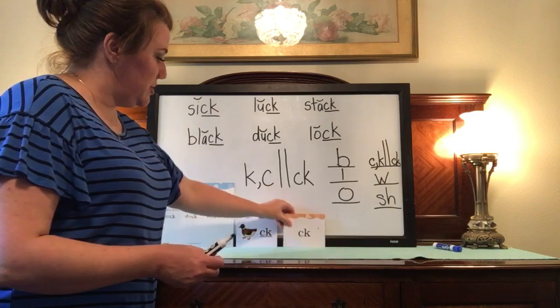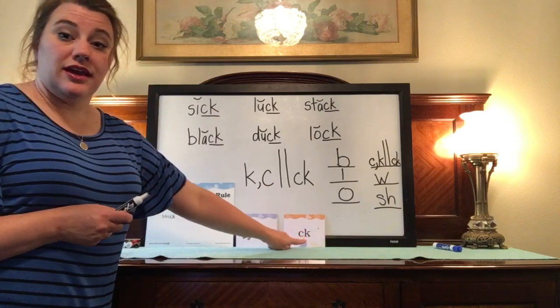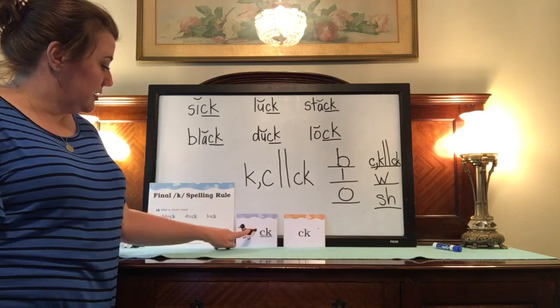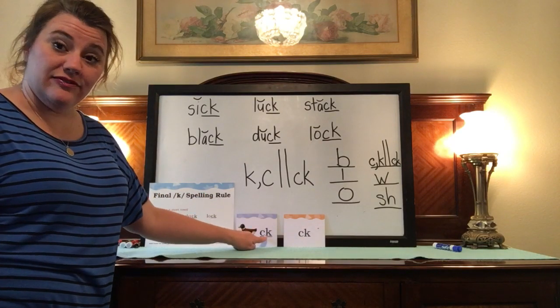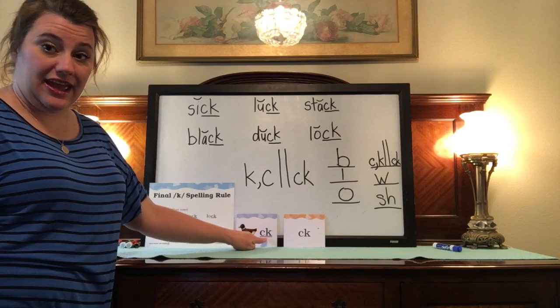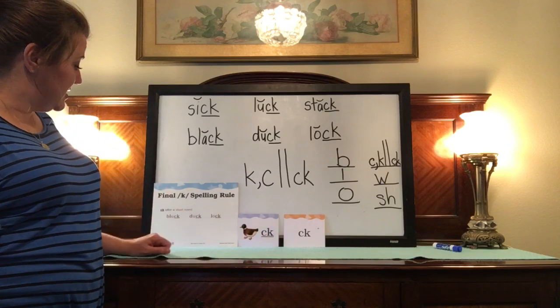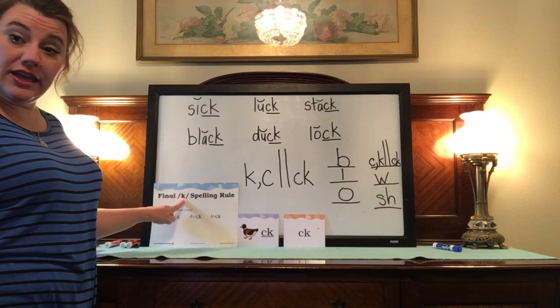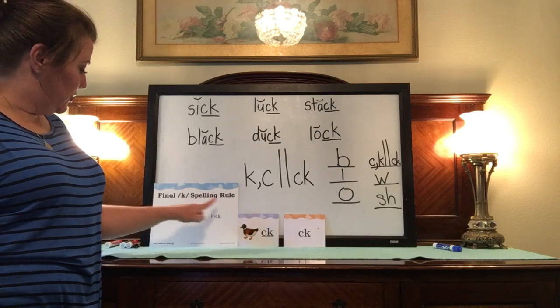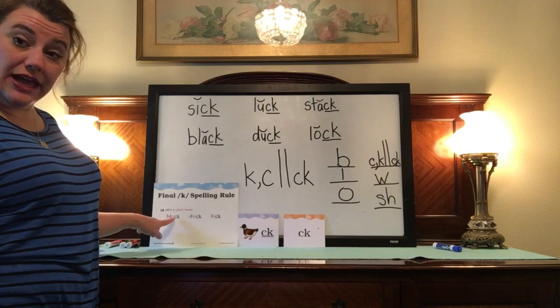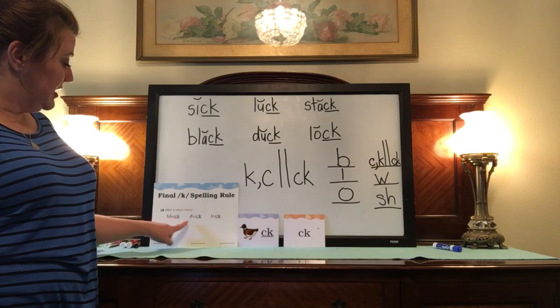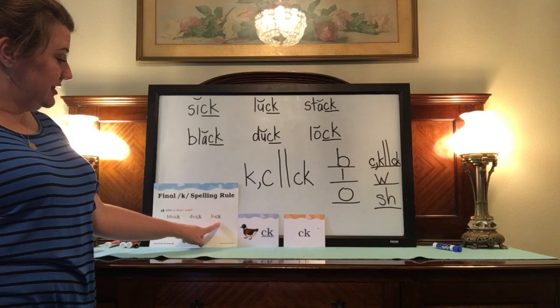Again, just remember that the K sound, keyword duck, final digraph CK, it's the final K spelling rule. Final K spelling rule, CK after a short vowel, like in the words black, duck, block.